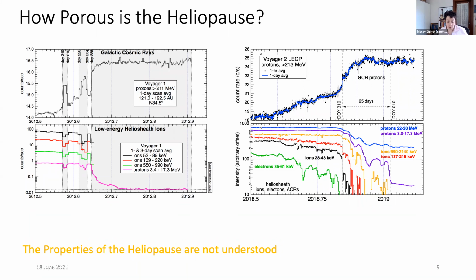I have a lot of slides about it later on. I'm not sure if I will get to it, but I will show you here 2 different crossings of the heliopause. This is Voyager 1, and this is Voyager 2.